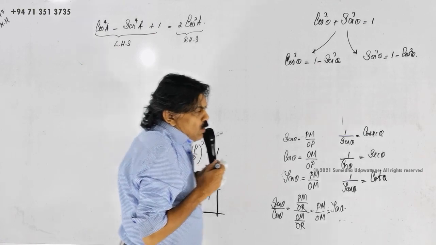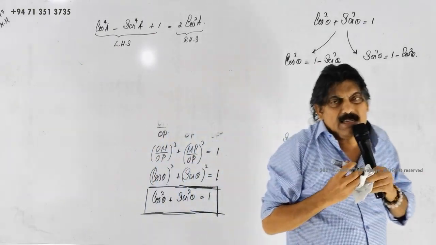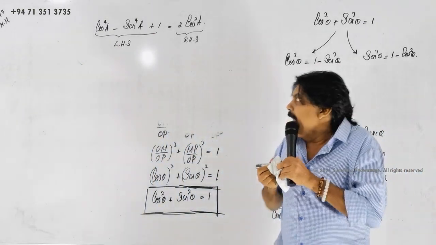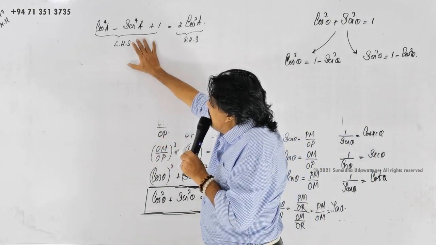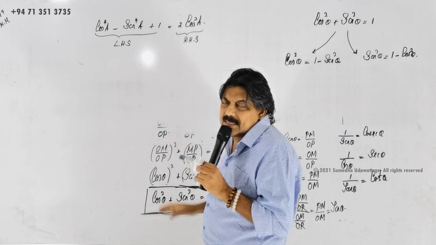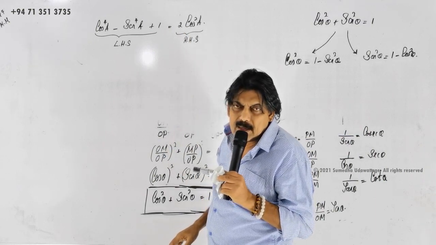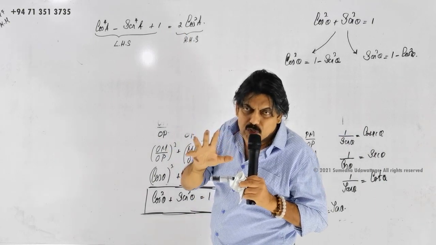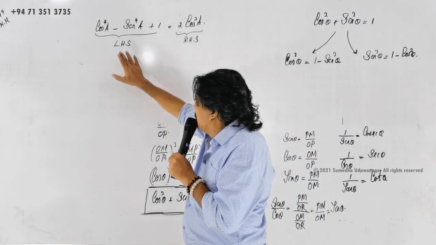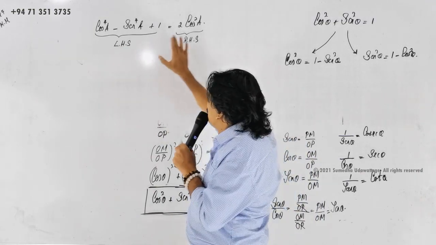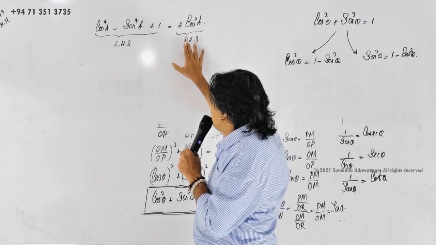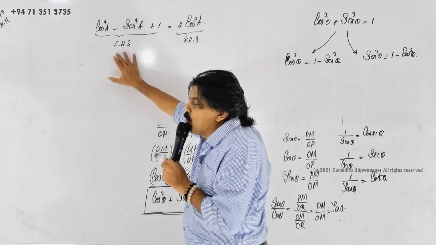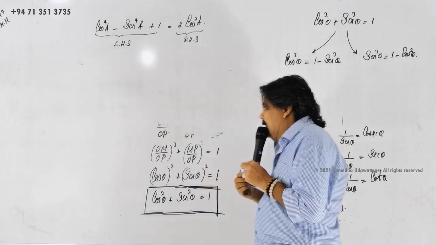Questions like these are called trigonometric identities. In a trigonometric identity, you got to show that the left hand side is equal to the right hand side. You can start from the left hand side and go to the right hand side, or else you can start from the right hand side and go to the left hand side.